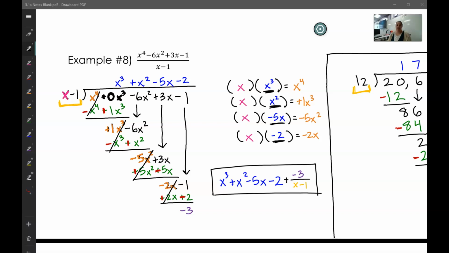So the biggest piece of advice I can give on long division is double check every step. Every single step, double check and make sure you're doing it right along the way, because one little negative mistake can change everything. So once again, if you didn't get that, pause the video, double check it.